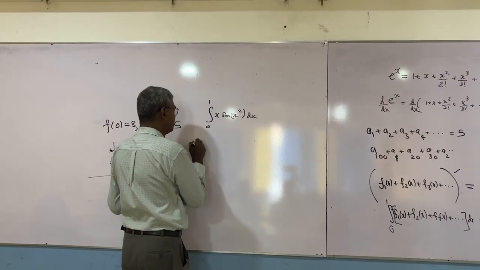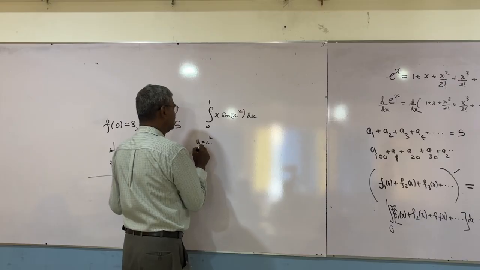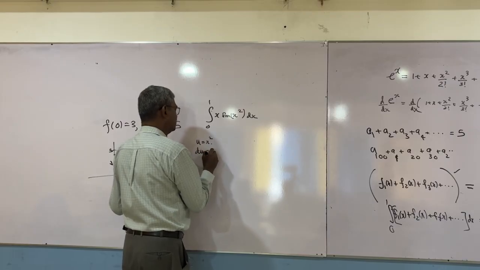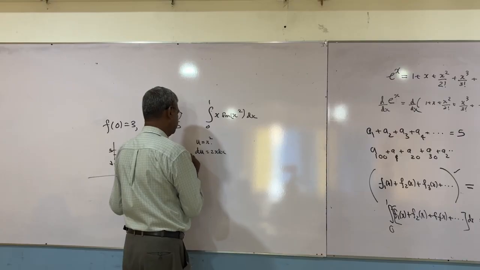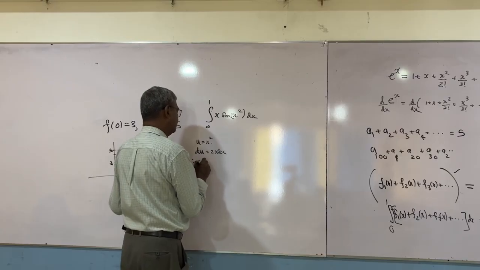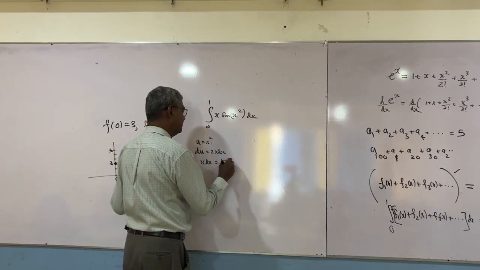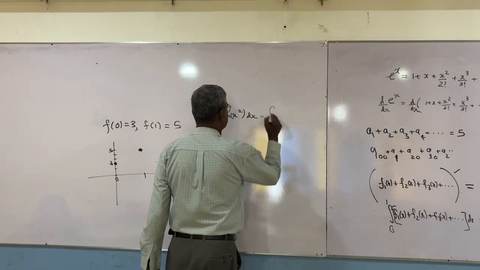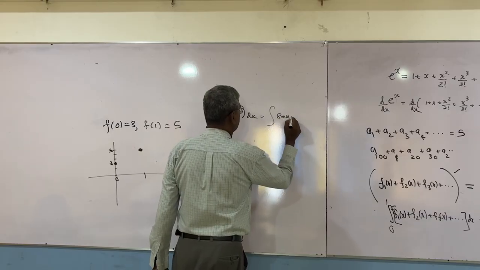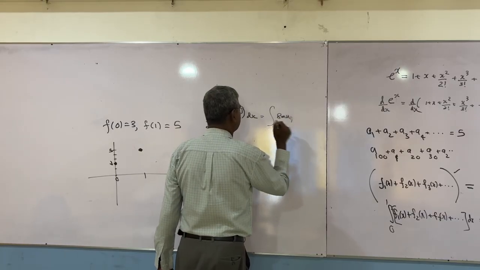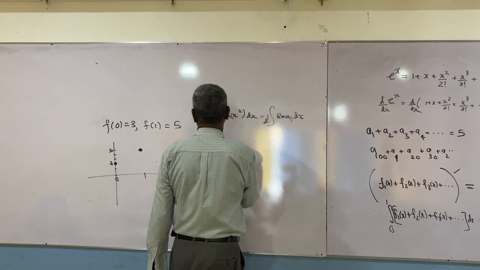You substitute u is equal to x squared. Then du is 2x dx, so x dx is 1/2 du. So you get sin u, with 1/2 du. If x is 0, u is 0.